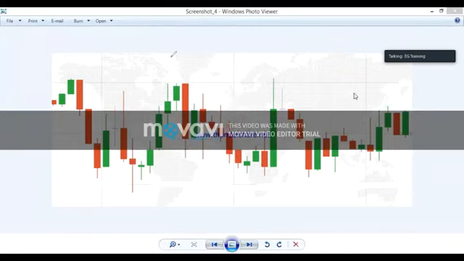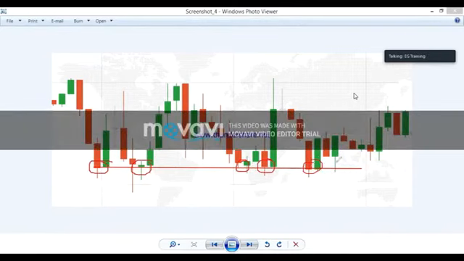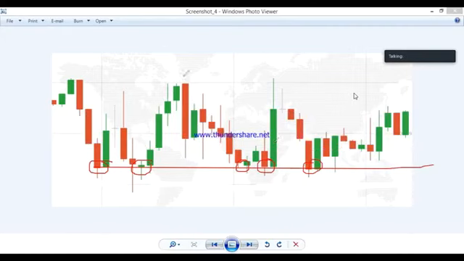But if you see this level, the market is mostly reversing. It reversed, again it reversed, again it reversed. It touched this level and reversed without closing past the point here.